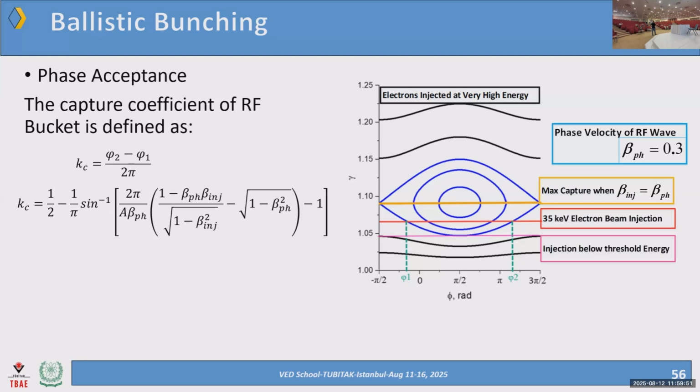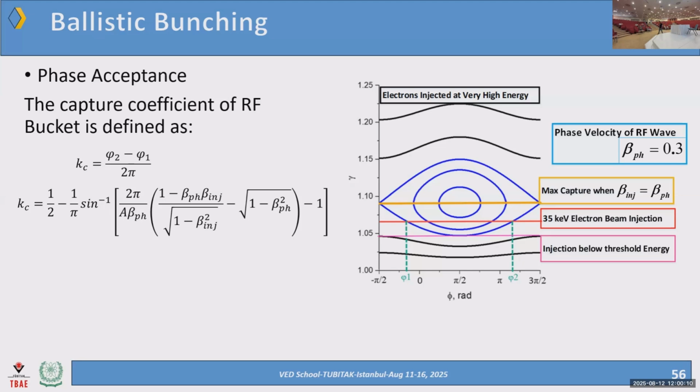We were talking about slow wave structures. Why do we need to slow the waves? We need to slow the waves because the electrons coming from the electron gun should have enough time to be part of that separatrix, part of that family.